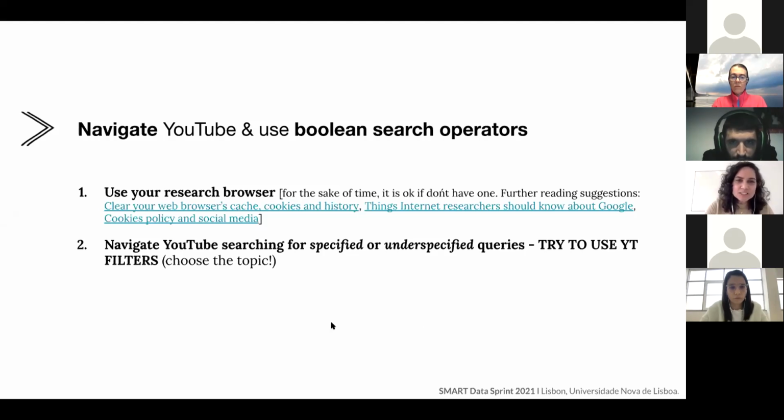Let's first experiment, and I can do that with you in the next 5 minutes. Navigate YouTube, searching for specified and under specified queries. You can choose the topic. And let's also try to explore the YouTube filters.